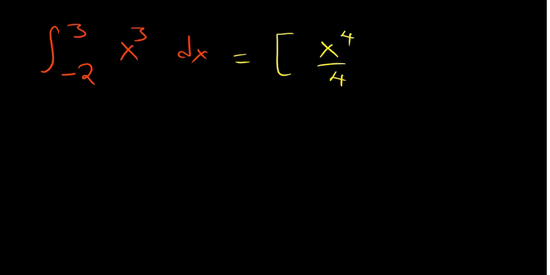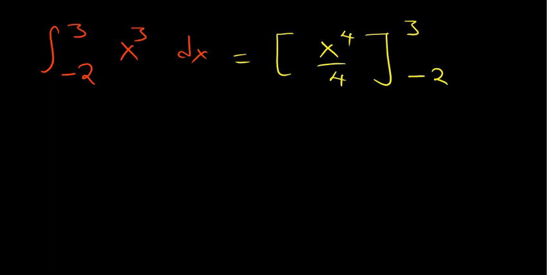So for practice, try out this one, pause the video and just try it out. So obviously, you know, the integral is going to be what? If you integrate x to the power 3, you're going to have x to the power 4 divided by 4. Now at this point, you know that it's not necessary for us to add the c, because it will always be subtracting, so we have 3 and then negative 2 as our limits.